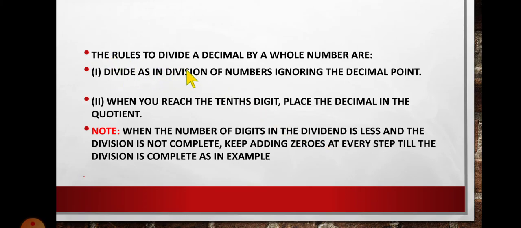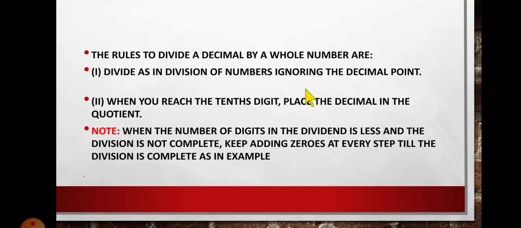The rules to divide a decimal by a whole number. Our next rule: how do we divide? If we have one number in the decimal form and another number in the whole number form, then how do we divide? First, divide as in division of numbers, ignoring the decimal point.